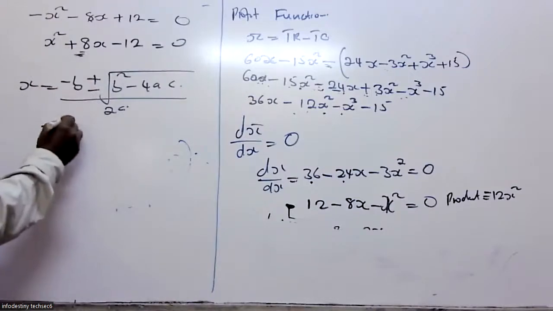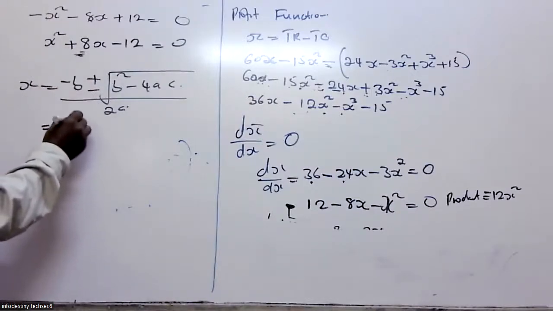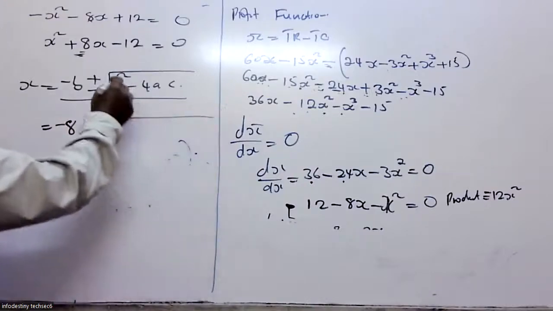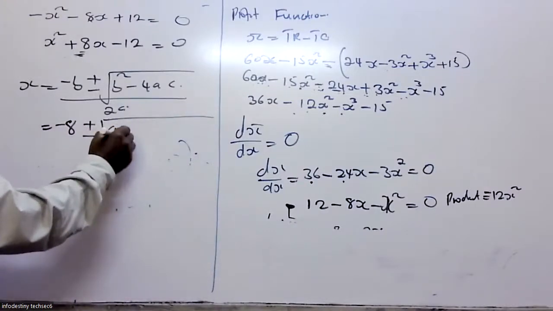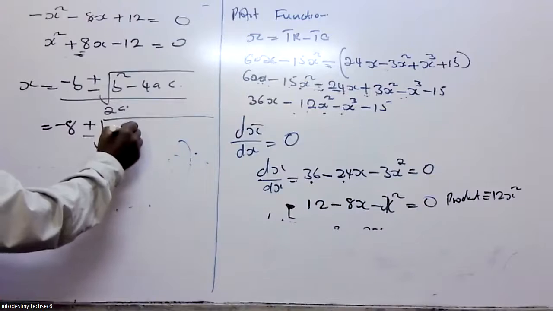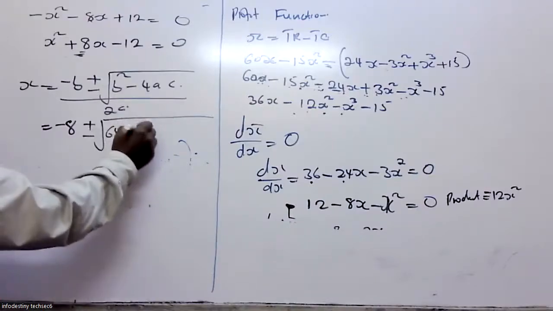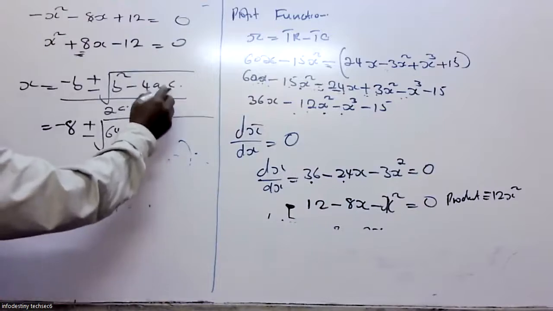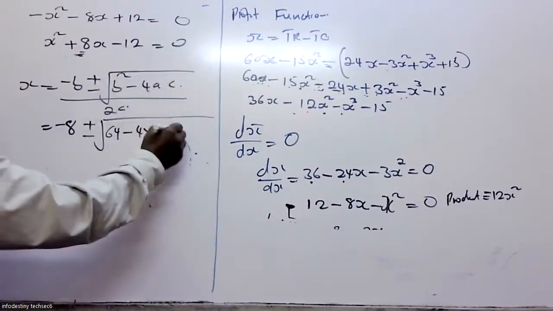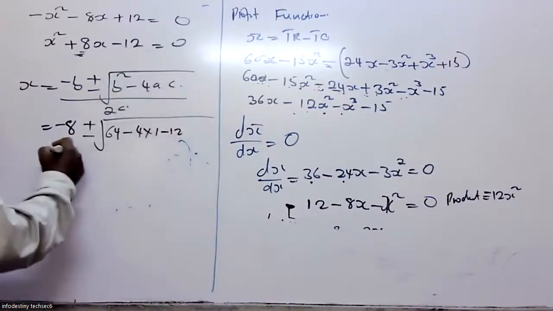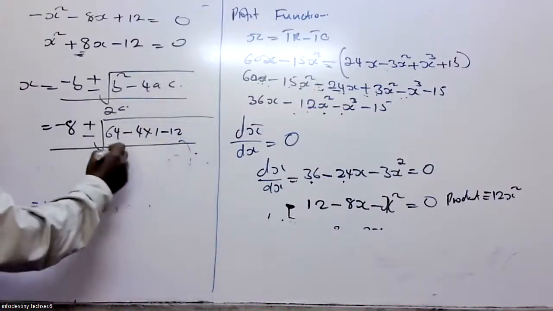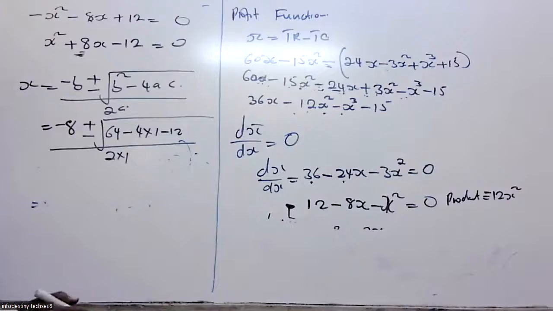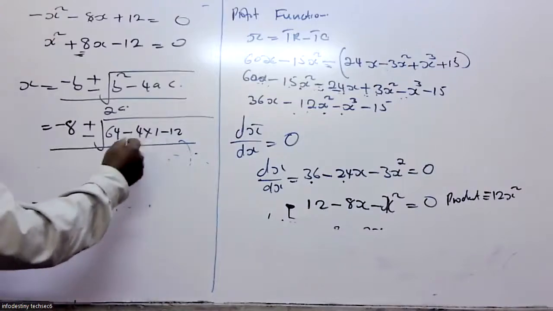So that's going to be minus 8 plus or minus the square root of 8 squared, 64, minus 4 times a, which is 1, and c, divided by 2 times 1. We are together.